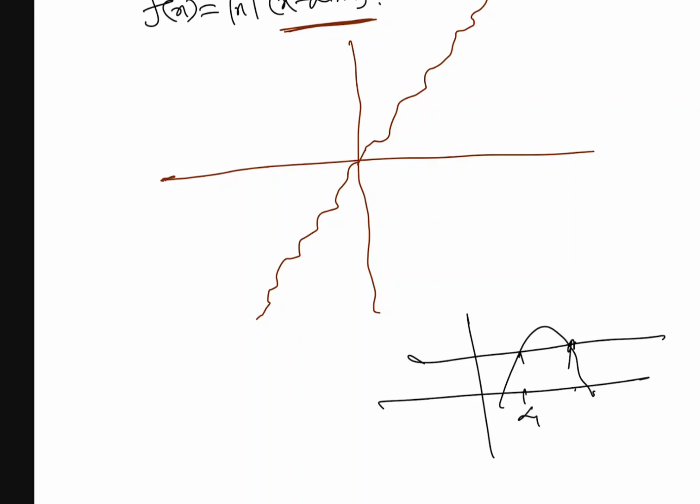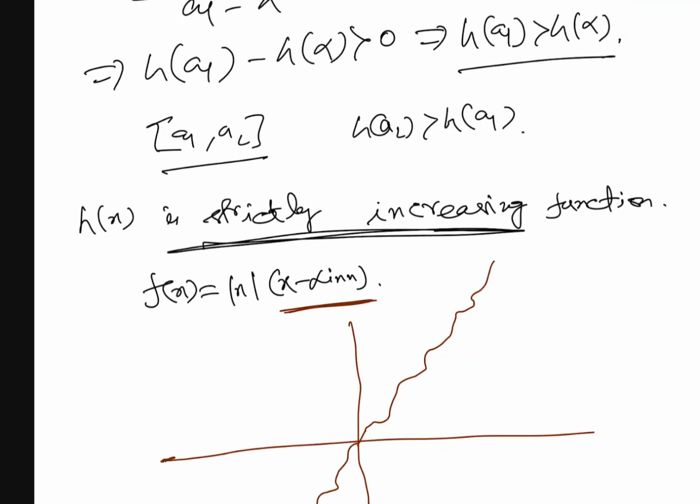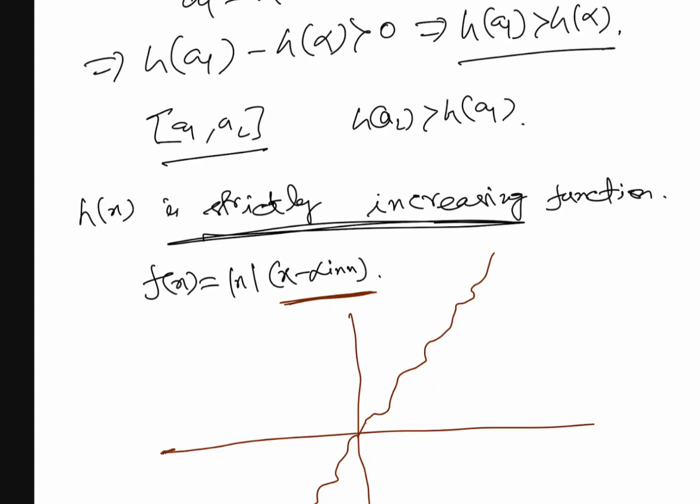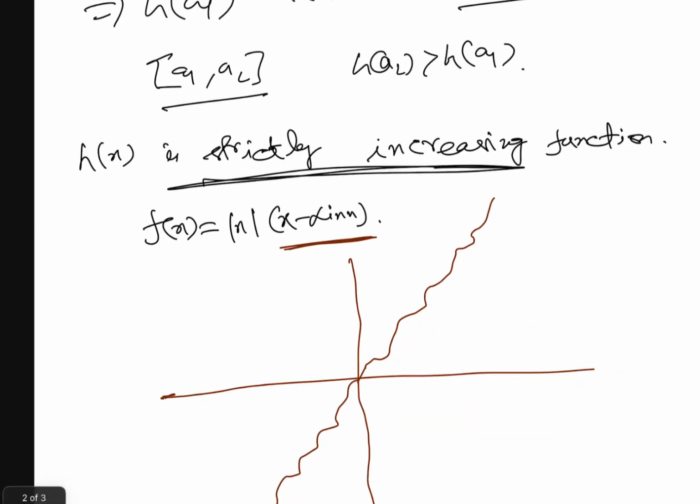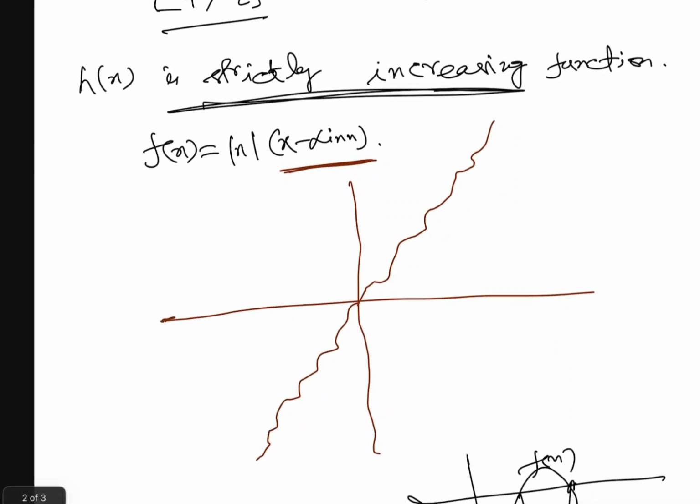Here alpha 1 and alpha 2 are two distinct points for this function f x where f of alpha 1 is equal to f of alpha 2, because this is a line parallel to the x-axis, so the function is not one-one in that case. So these terms strictly increasing or strictly decreasing have a very important significance for a function to be one-one.